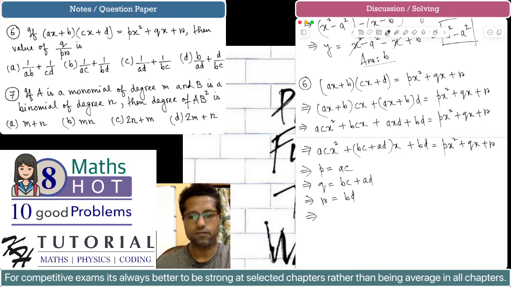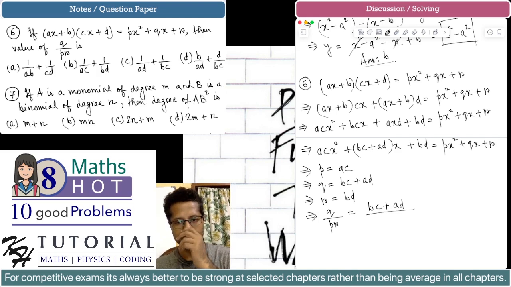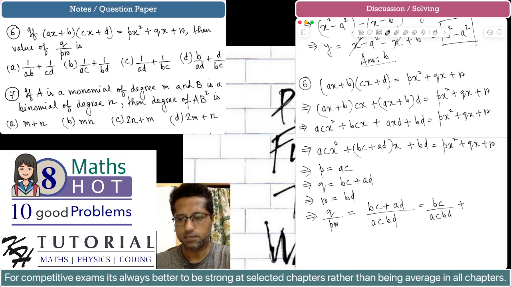So it has asked to find the value of q by p into r. So this will be equal to q, which is bc plus ad, divided by pr. pr means acbd. So this is equal to bc divided by acbd plus ad divided by acbd.